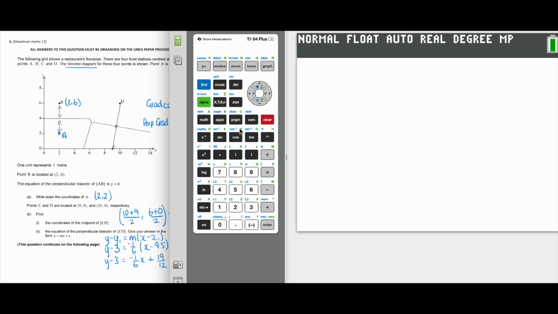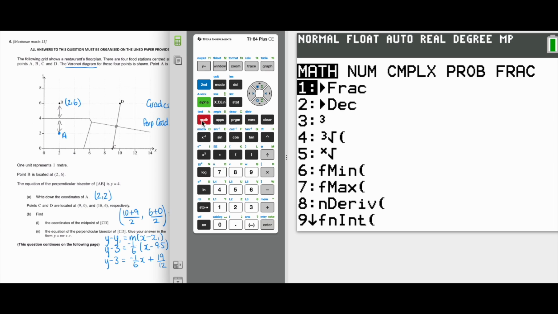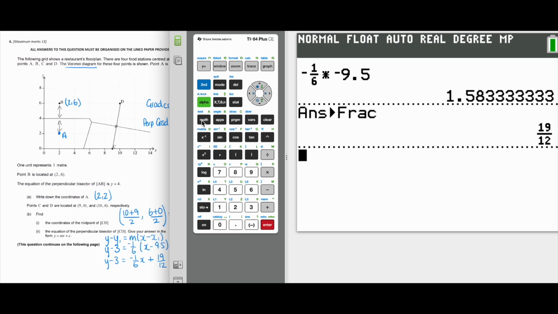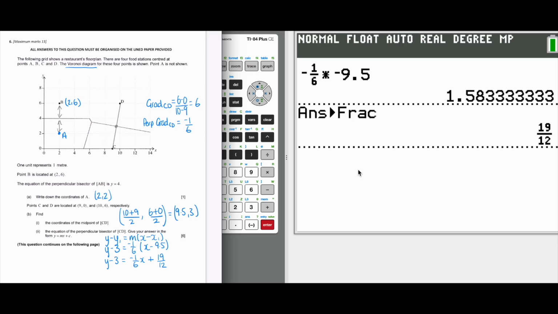We go to negative 1/6, and we're going to multiply that by negative 9.5. And we can turn that to a decimal by going math, turn to fraction, and we can see it's 19 over 12. So if you're not sure how to do them, or you're not confident, then use the calculator to help you with the number work.